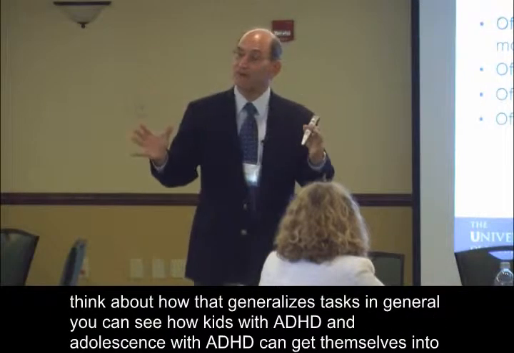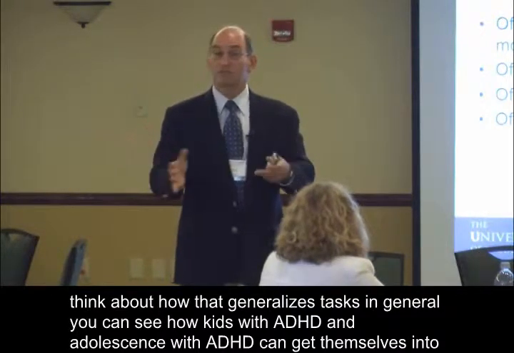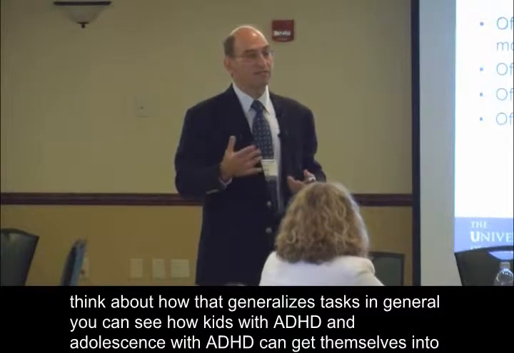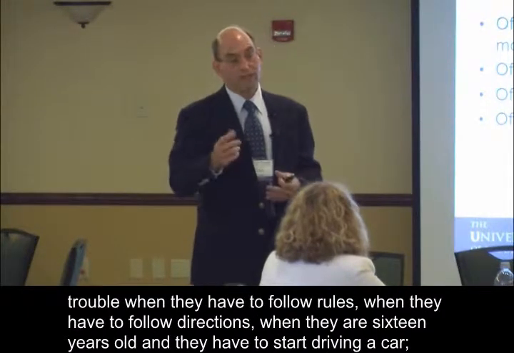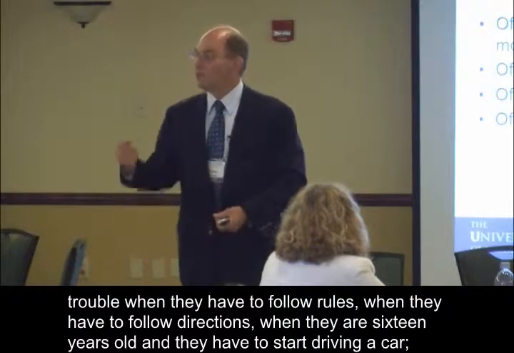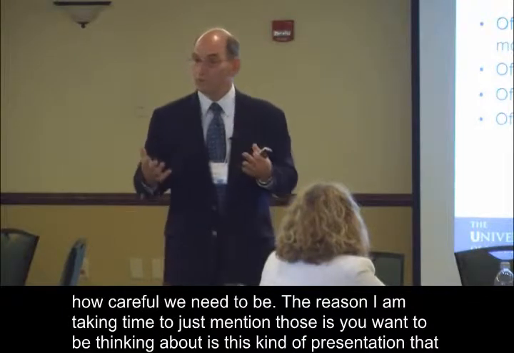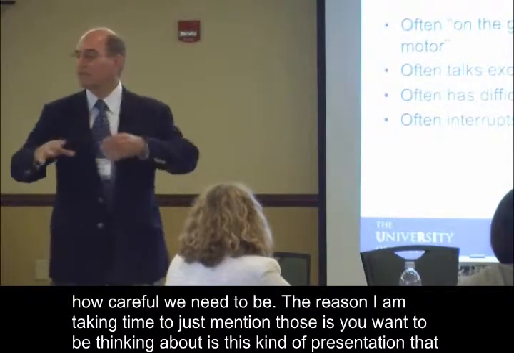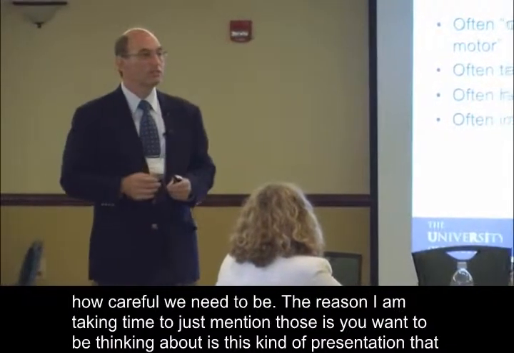But if you think about how that generalizes to tasks in general, you can see how kids with ADHD and adolescents with ADHD can get themselves into trouble when they have to follow rules, when they have to follow directions, when they're 16 years old and they have to start driving a car, how careful we need to be. The reason I'm taking time to mention those is that you want to be thinking about, is this the kind of presentation that I'm seeing?